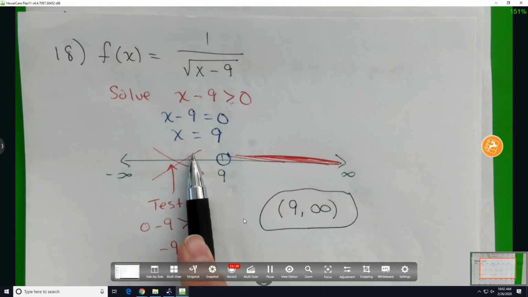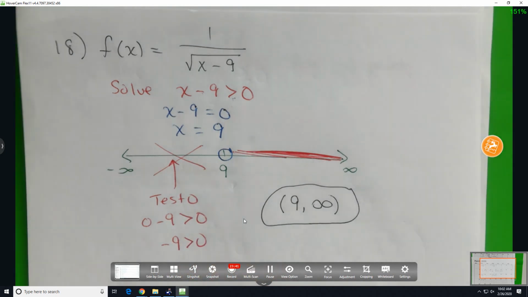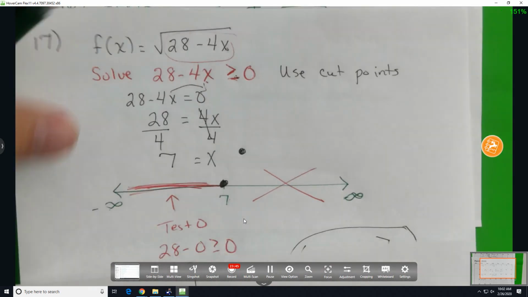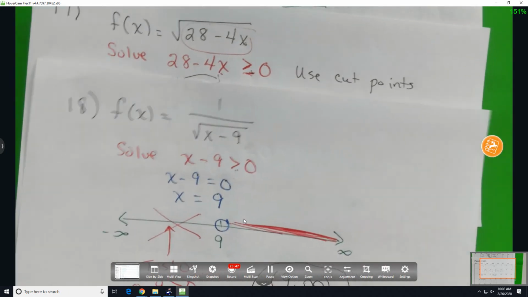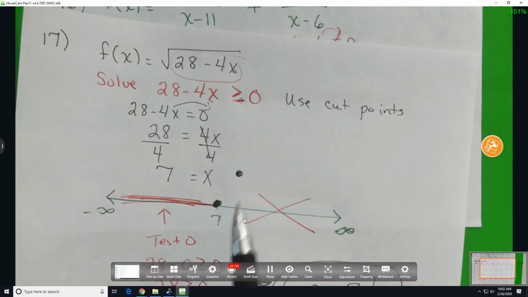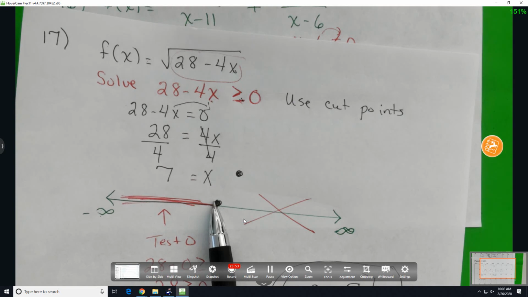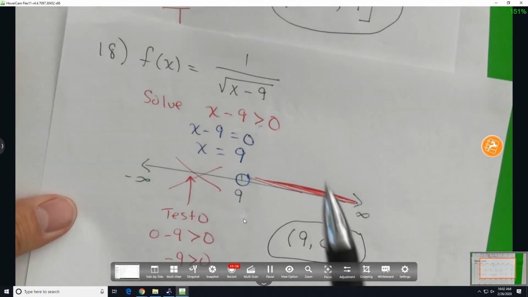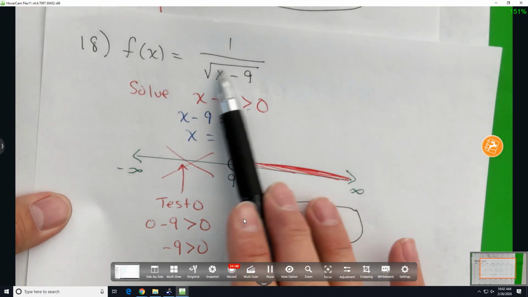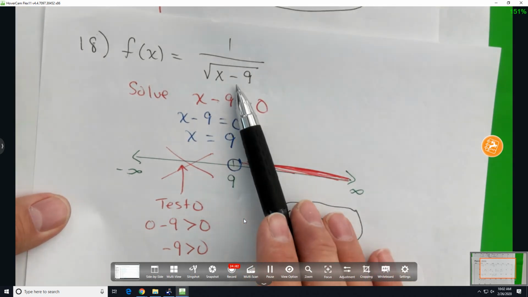Okay, but are y'all following the logic of why? On some of them I said, on this one I say it's greater than or equal to, and all that does is affect the dot. Whereas over here, just greater than. You don't want this to actually equal 0, because if you do, you have 1 over 0.